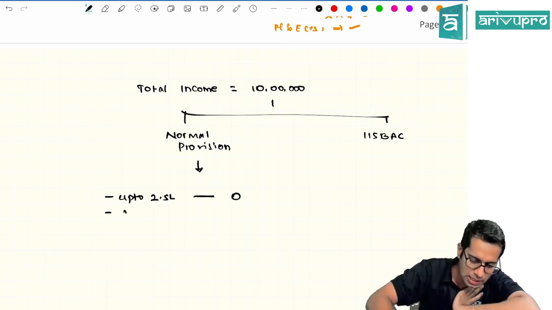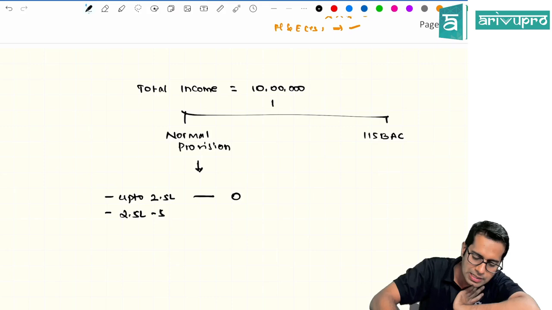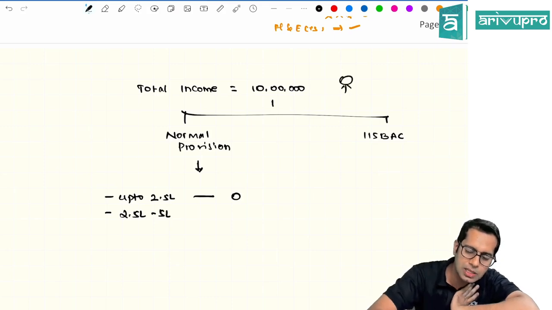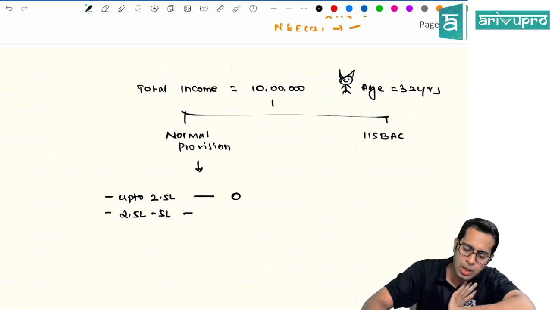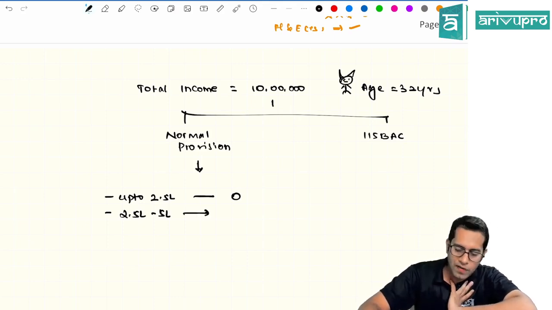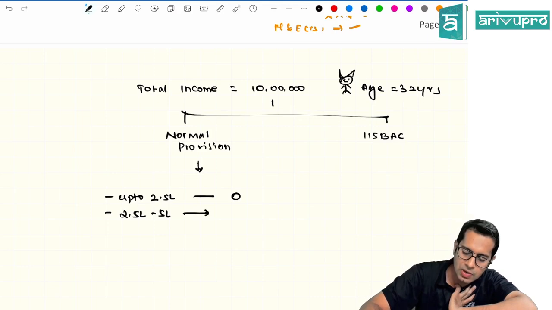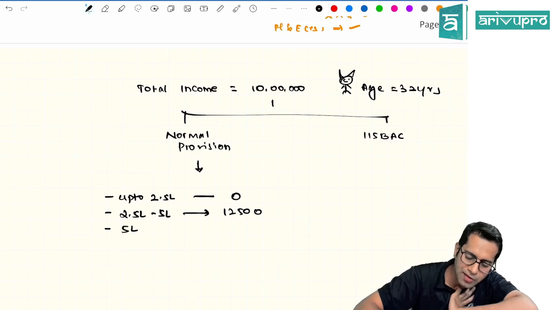Correct, sir? Yes. Sir, from 2.5 lakhs to 5 lakhs, assuming it is an income of Mr. Dilip, age is 32 years, up to 2.5 to 5 lakhs, the tax will be 12,500. And 5 lakhs to 10 lakhs, the tax will be 1 lakh rupees.